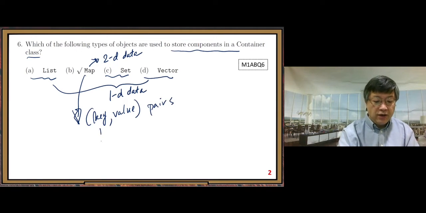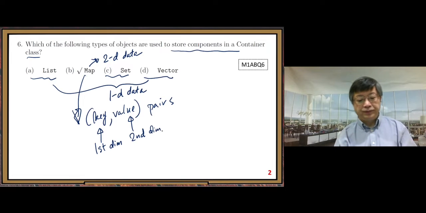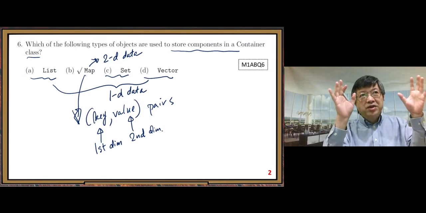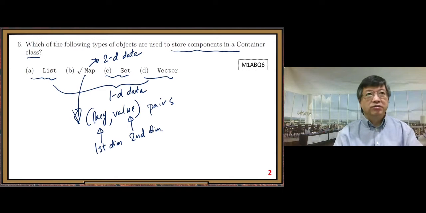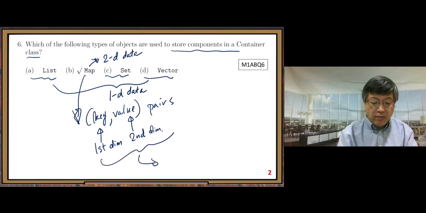Key, the first dimension. Value, second dimension. Why do we use this type of data structure? The reason is very simple. The main benefit of using it is that it supports the search operation.